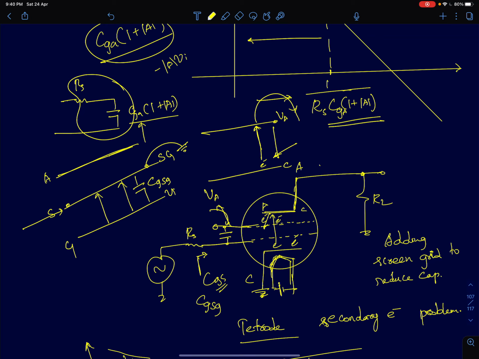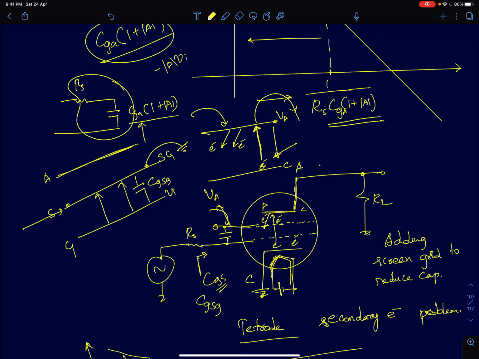These electrons will be accelerated to such high speeds that they can knock off some electrons from this anode plate. These electrons are called the secondary electrons, emitted because of the high energy electrons going from cathode to anode.